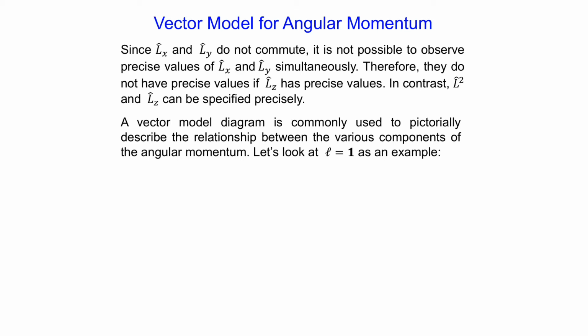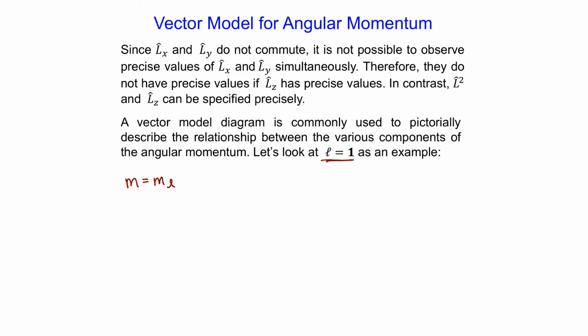Remember, L is our angular momentum quantum number that we've seen before. We know a few things about our system when we know that we have L equals 1 as our starting point. We know that M sub L, or M, depends on L. That's why it's called M sub L sometimes.